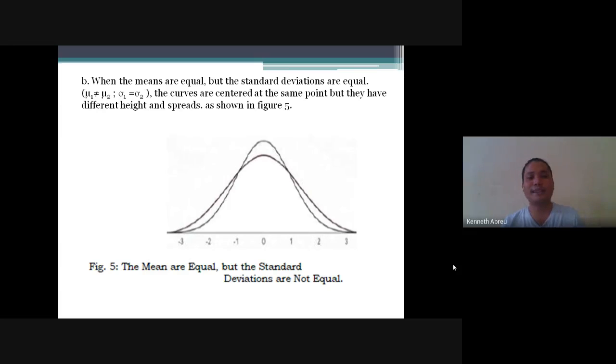Mali yung caption natin sa taas. Kapag ang mean natin ay equal at ang standard deviation are not equal, parehas silang ang mean ay nasa 0, pero nagkakaiba yung kanilang height ng kanilang curve.